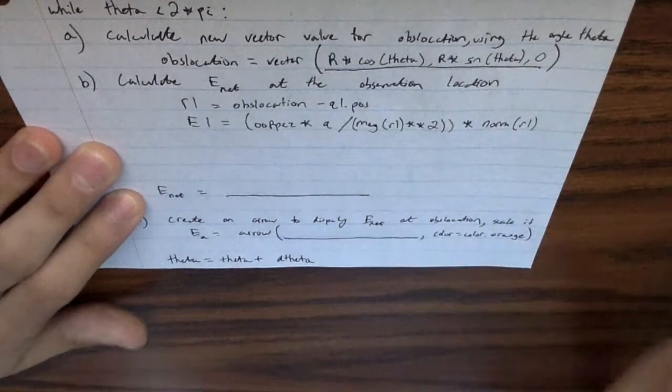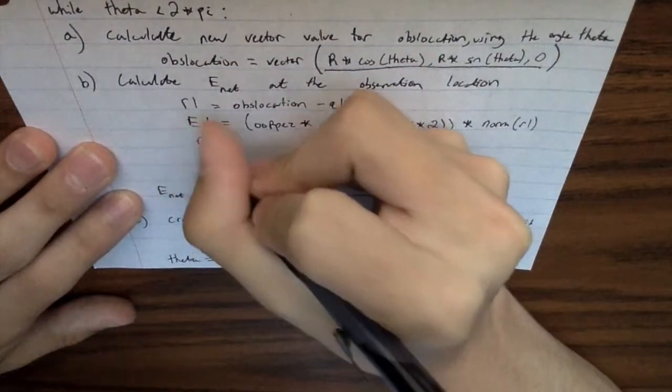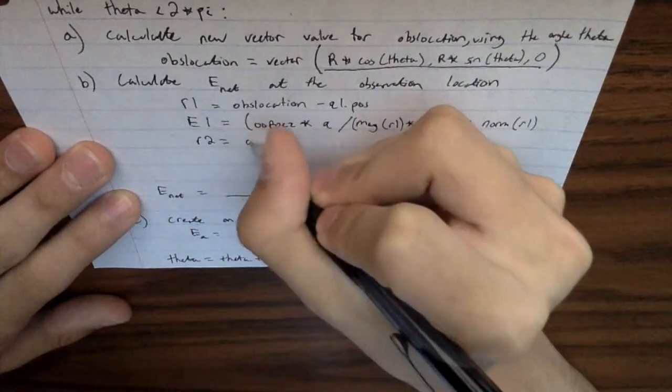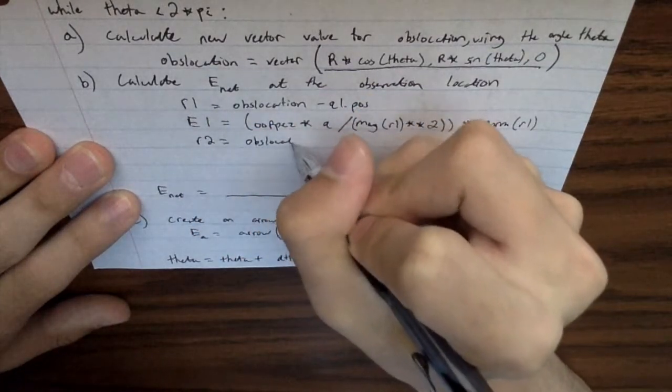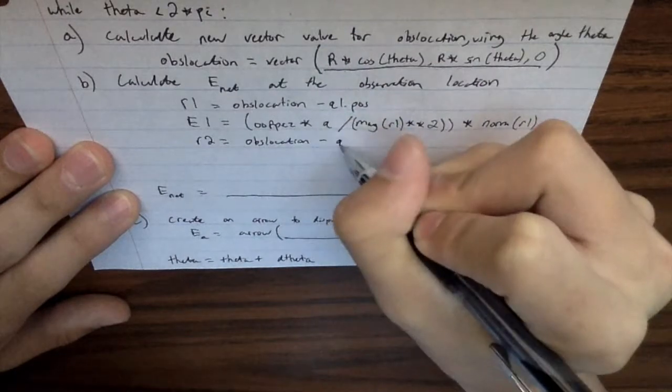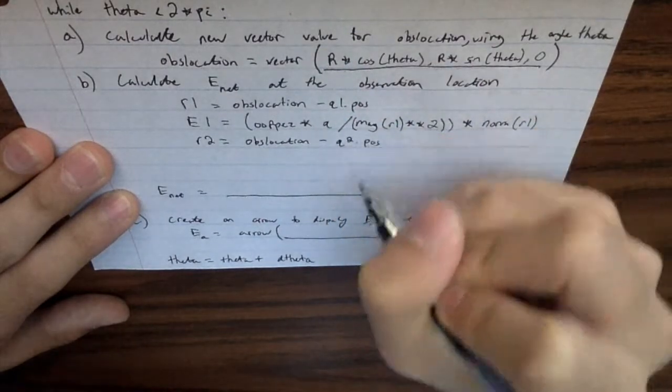Now we need to do the same thing for the second particle, which is R2 equals obs location minus Q2 dot position.